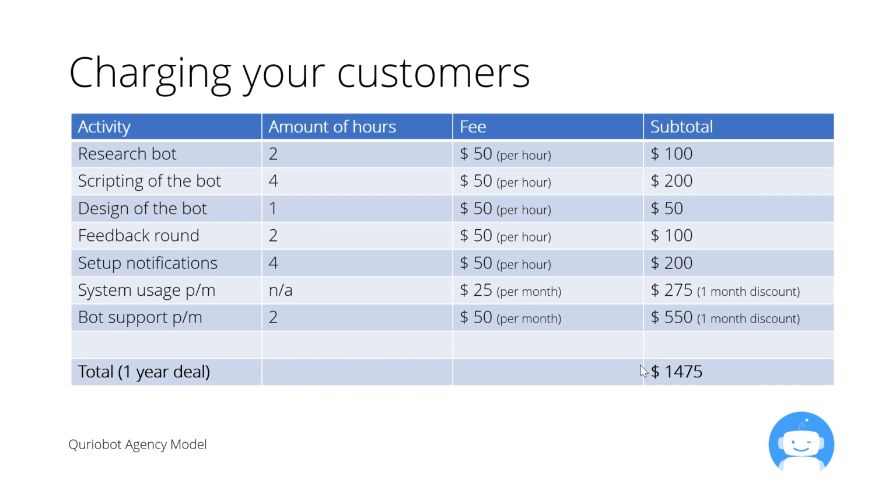So as you can see, the $25 per month is done times 11, because 1 month discount is given, and the same goes for the bot support, which would make in this case, in this example, a total of $1,475 for the building of the bot, and, for example, also providing people access to the organization in which this bot is built.